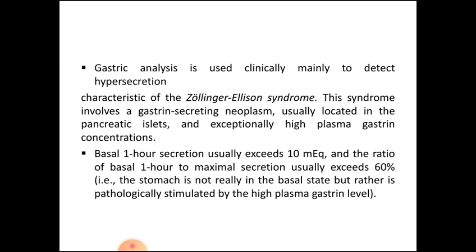This hypersecretion is characteristic mainly of Zollinger-Ellison syndrome, one of the most important syndromes related to gastric disorder, in which there is a hypersecretion of gastrin. This syndrome involves a gastrin-secreting neoplasm, usually located in the pancreatic islets, and exceptionally high plasma gastrin concentration.